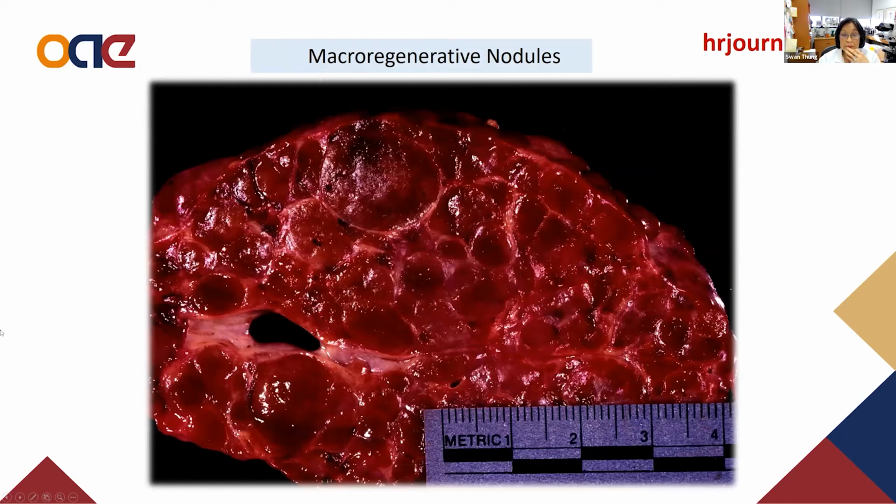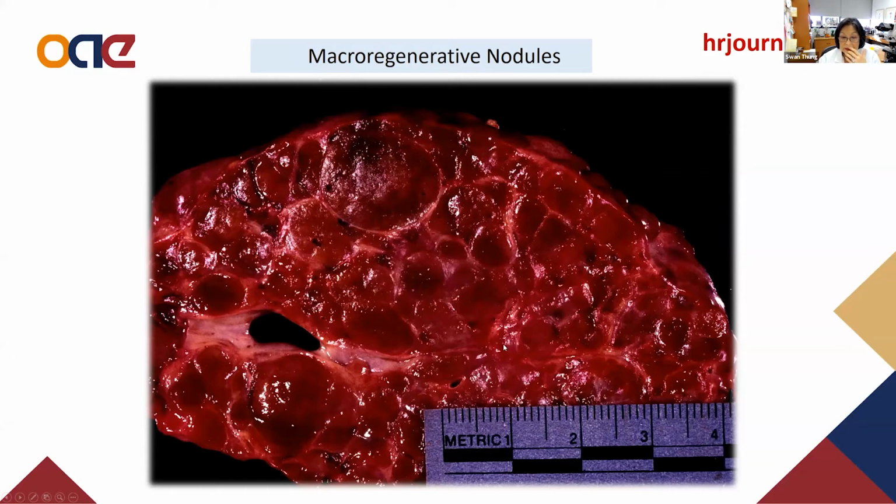So this is an example of macroregenerative nodules, in which the large nodules are multiple and almost occupying the entire liver, seen, for example, in a patient with autoimmune hepatitis that has been treated, and therefore the septa had become thinner, but regeneration is very good, and therefore you see all these large nodules.